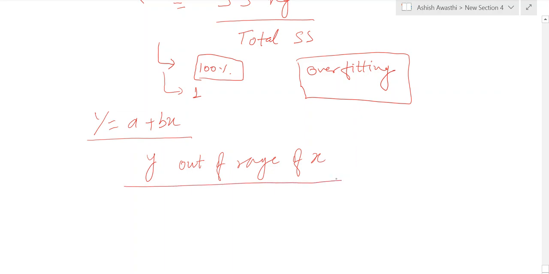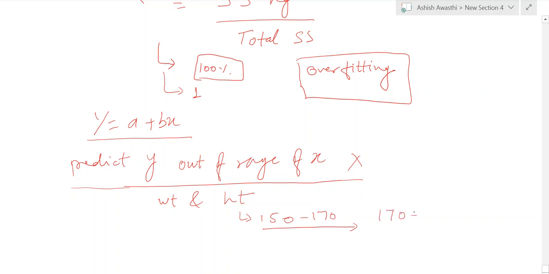Such type of extrapolation is misleading actually. If you predict something like it, if you don't have a value of x... suppose we are discussing our weight and height, and we have a height variable only from 150 to 170 centimeter, so we should avoid predicting height 170 plus or 150 minus.